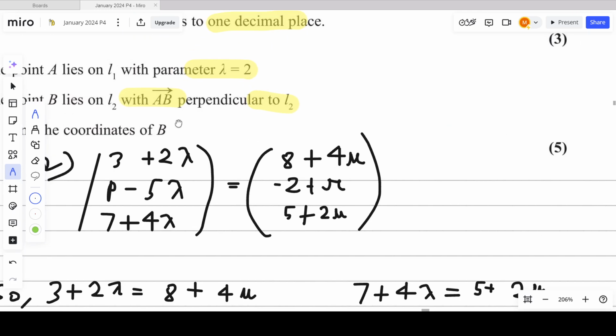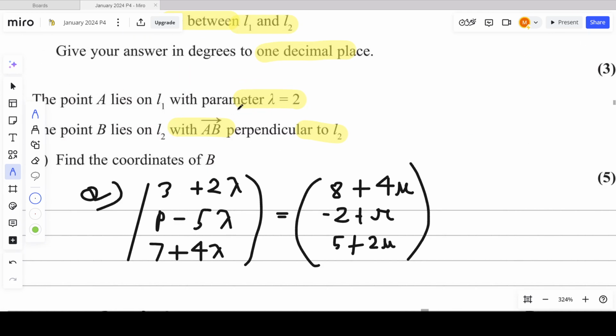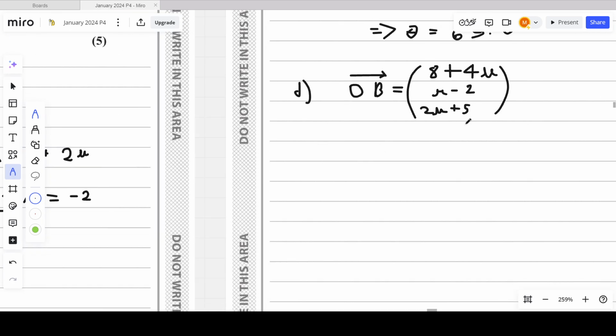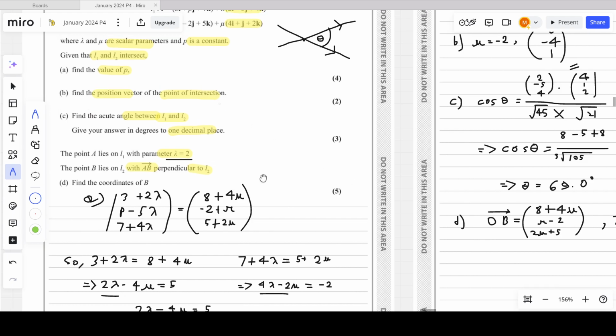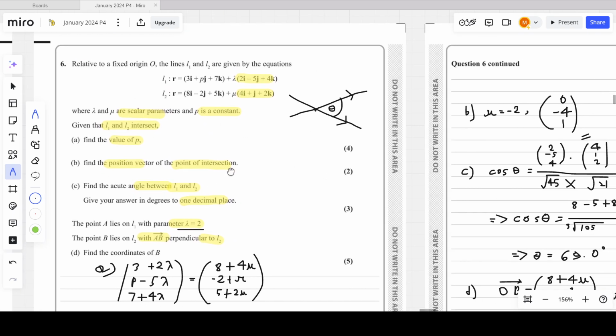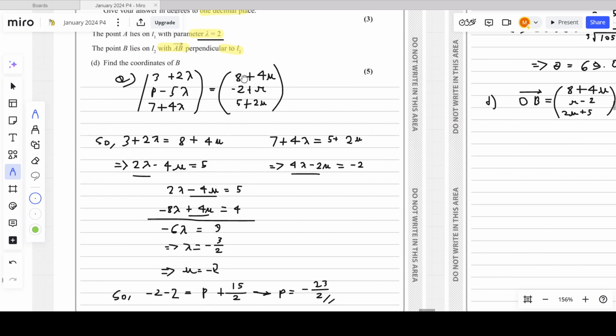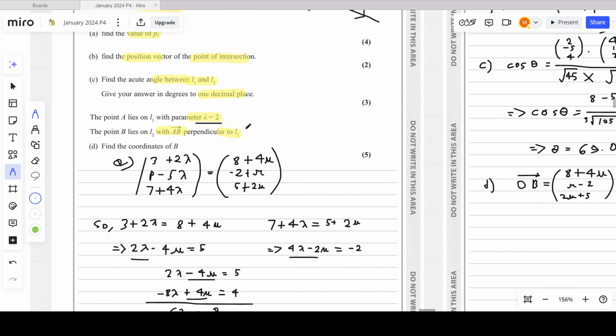Next, point A lies on L1 with parameter lambda equals 2. So just put lambda equals 2, you will get the position vector for A, right? OA would be what? If lambda is 2, then the value for P we got is negative 23 over 2.